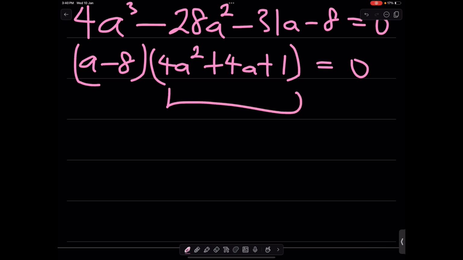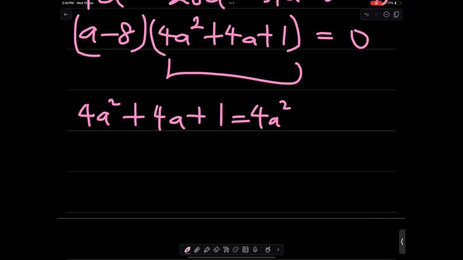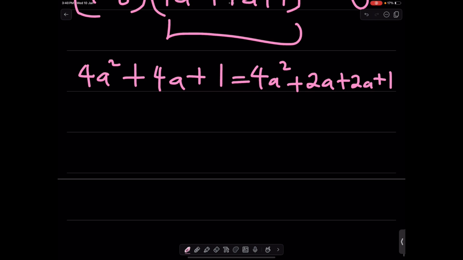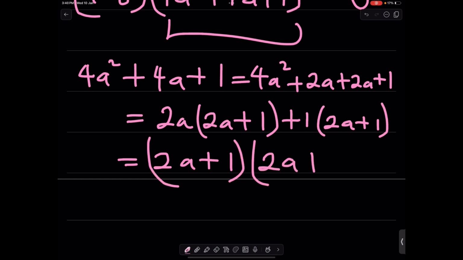Now I can factorize this one alone. I can split that into two factors. 4a squared plus 4a plus 1 is the same as 4a squared plus 2a plus 2a plus 1, and that's equal to 2a into bracket 2a plus 1 plus 1 into bracket 2a plus 1, and that's the same as 2a plus 1 times 2a plus 1.